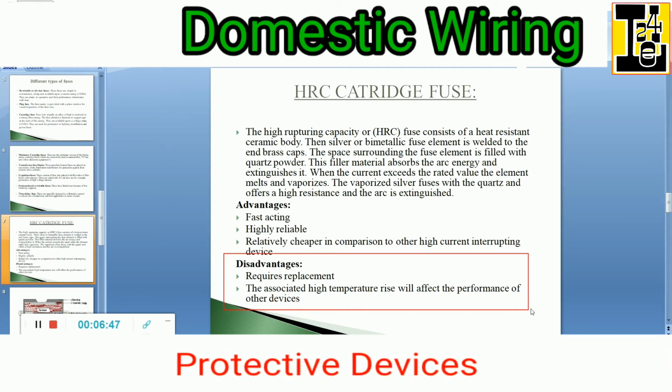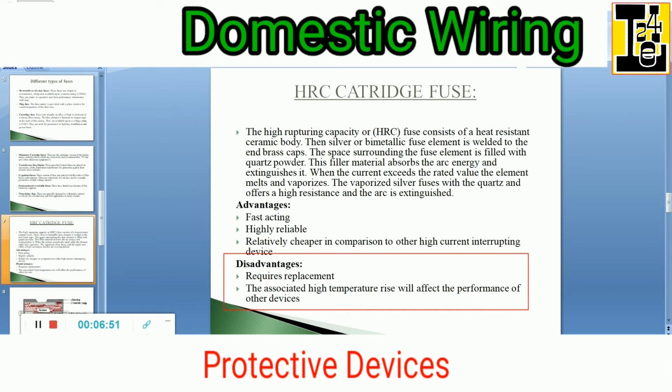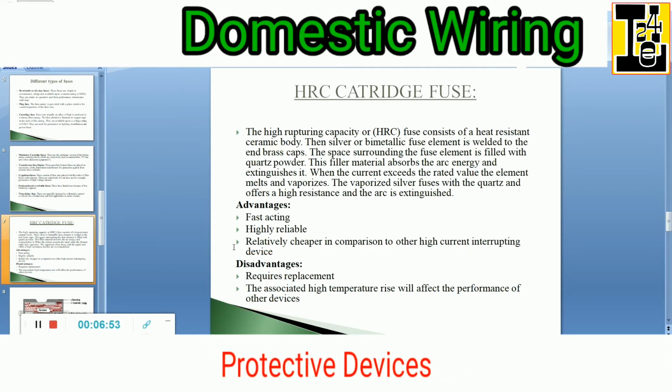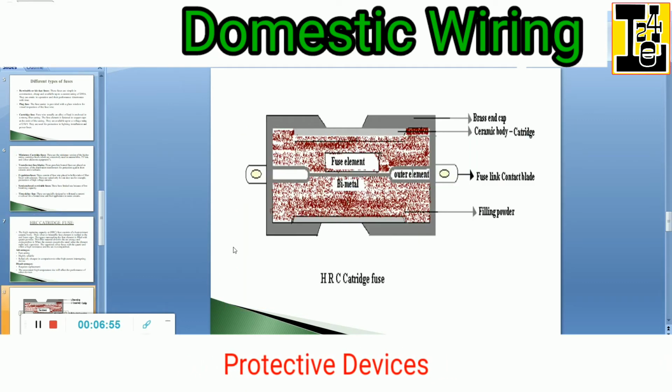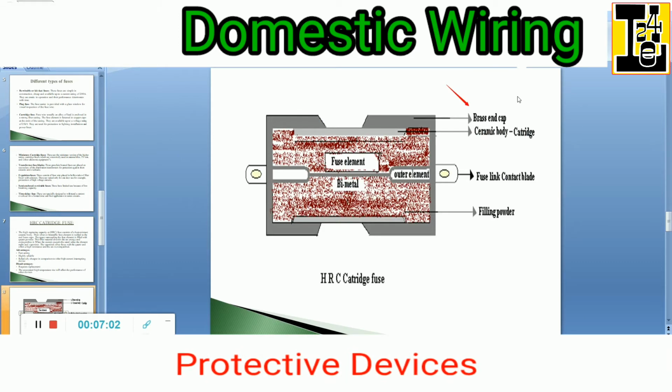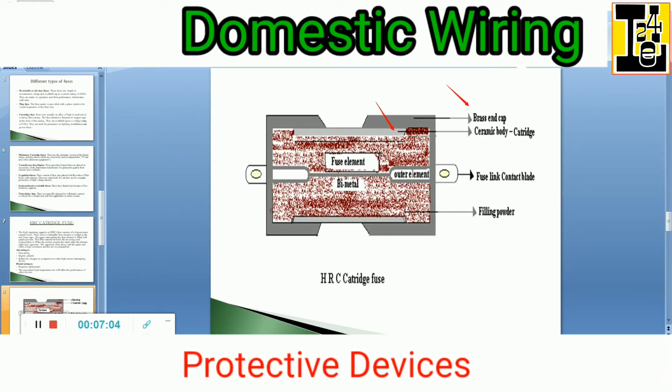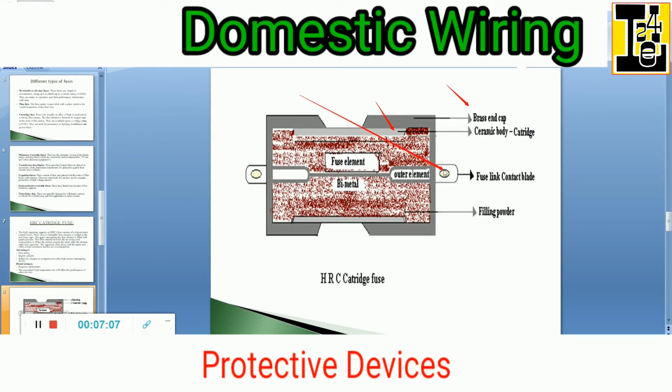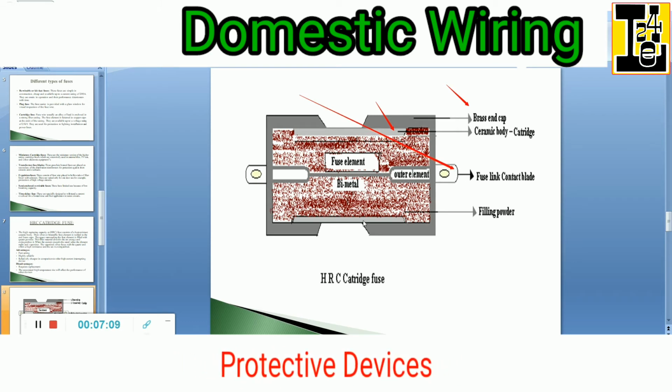The associated high temperature rise will affect the performance of other devices. So this is the figure for the HRC cartridge fuse. This is the brass end cap. This is the ceramic body. This is the fuse link contactable. This is the filling powder.